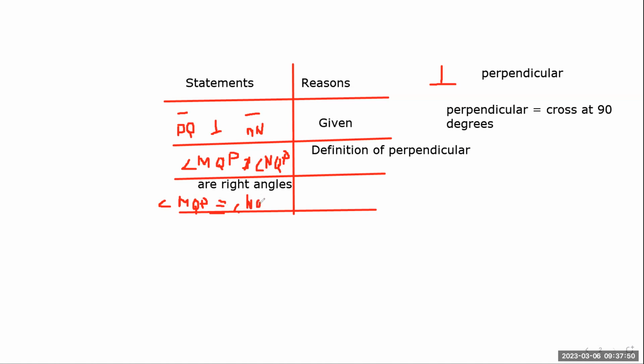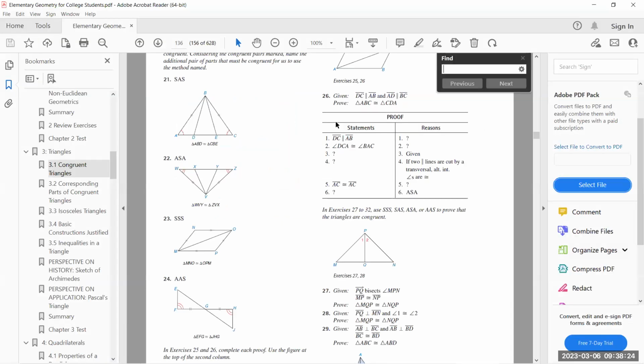How did you get that? How did I get which one? The first one or the second one? The third one? Okay, because we have a theorem. Hold on, let me show you. Let me go to the book and look for something here.